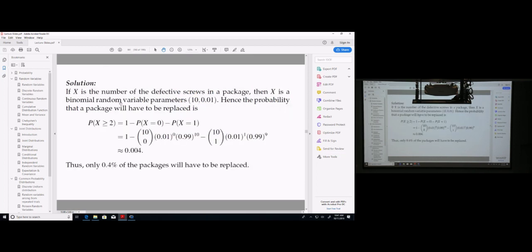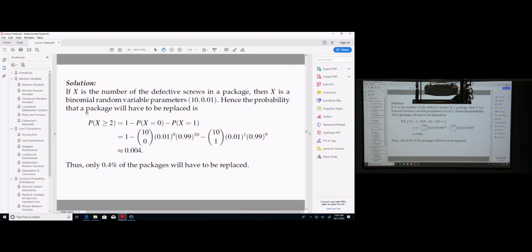So let X be the number of defective screws in a package. Then X is a binomial random variable, so this is okay. Now, whenever you say something is binomial, you have to tell people what the n is and what the p is, all right?